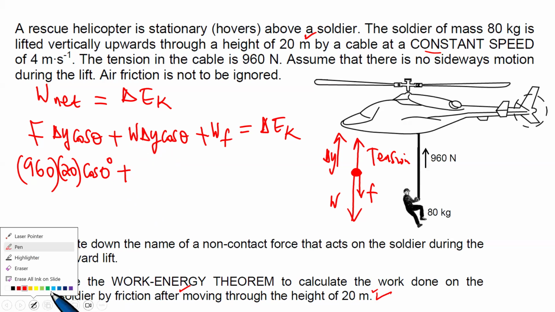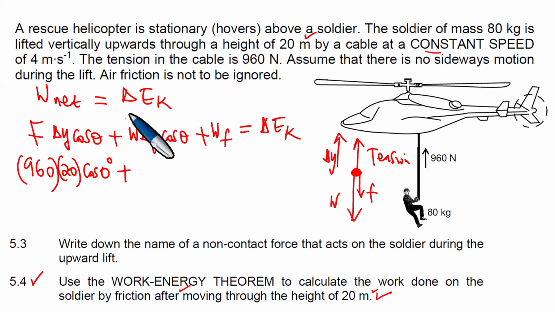So what is the weight? The weight is mg. What is the mass of the soldier? 80 kilograms.